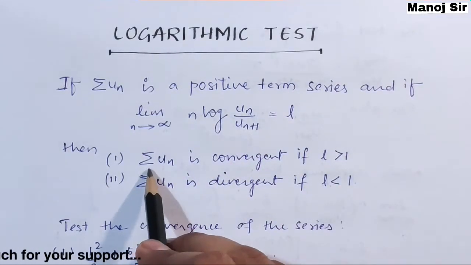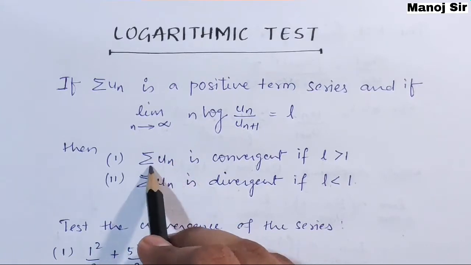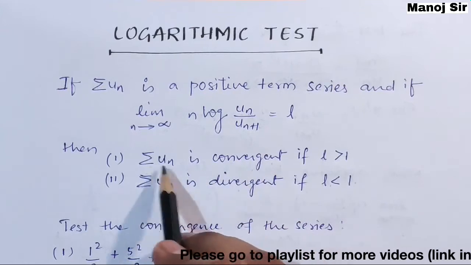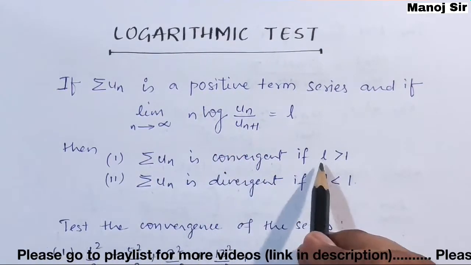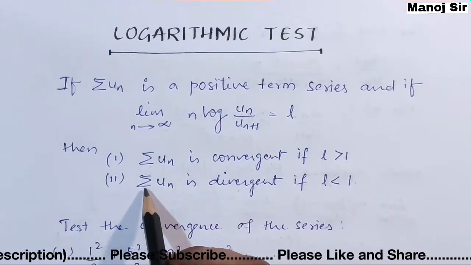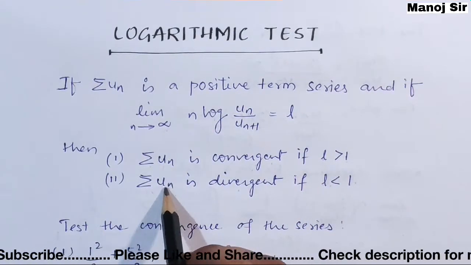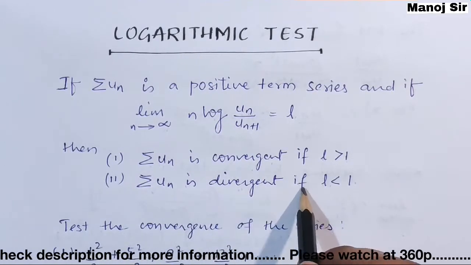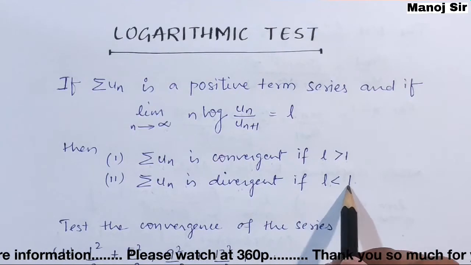The series is convergent if the value of L is more than 1, and in the same way, it will be divergent if the value of L is less than 1.